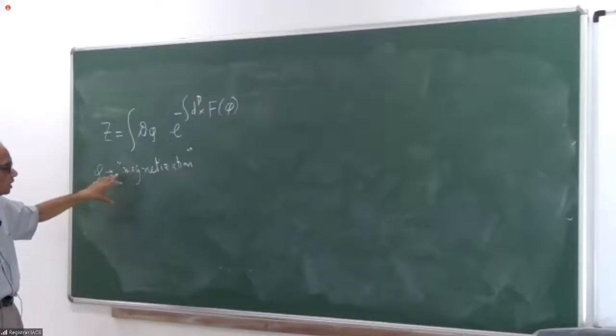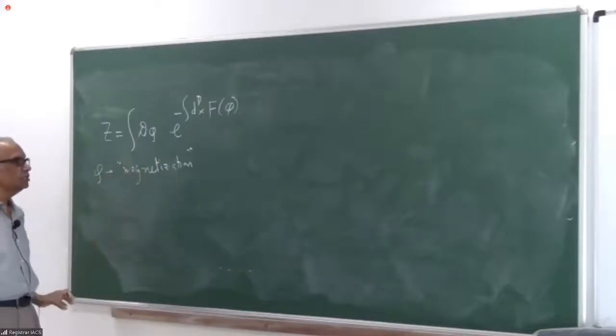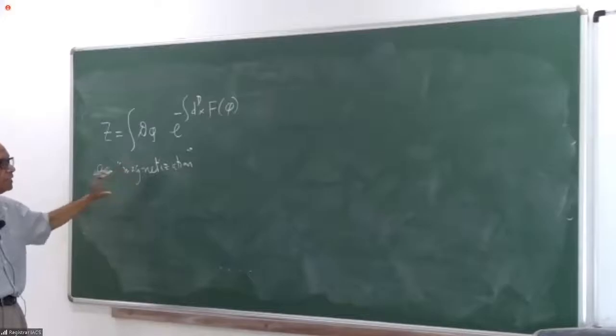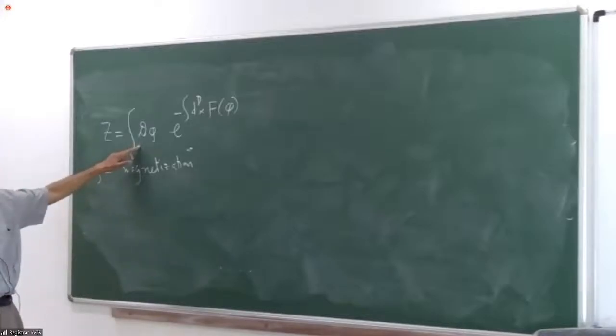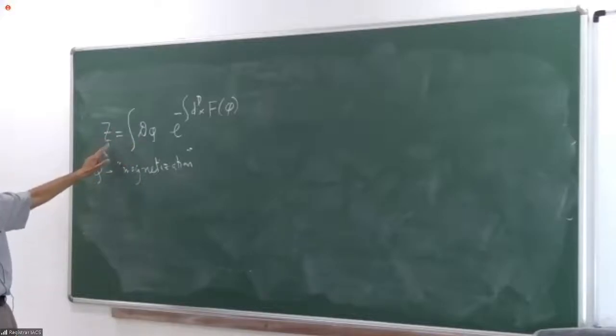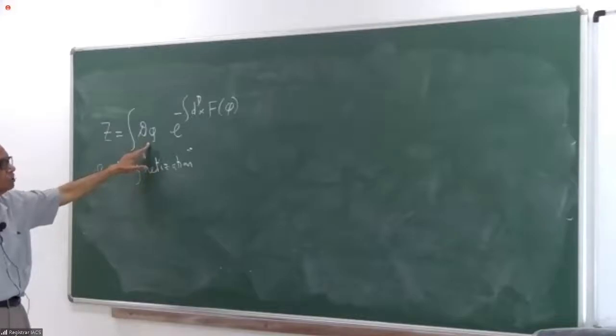But anyway, the generic name is, let's say, magnetization. And let's suppose that I have this Z, which is what we learned to calculate.